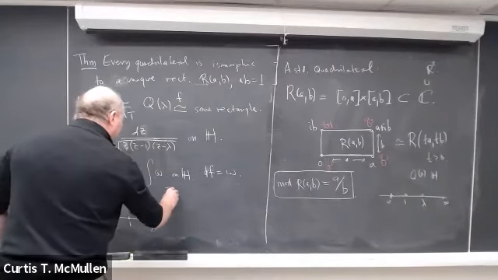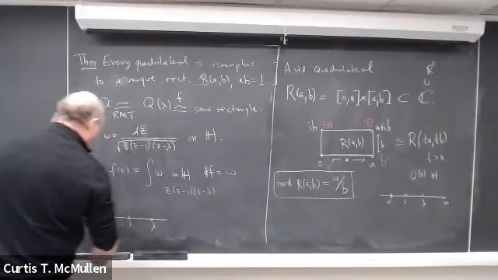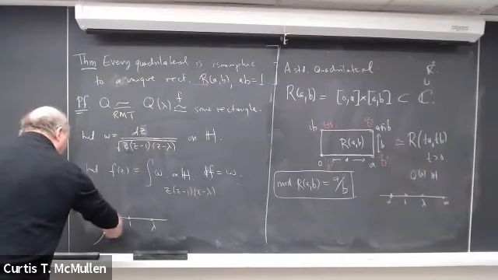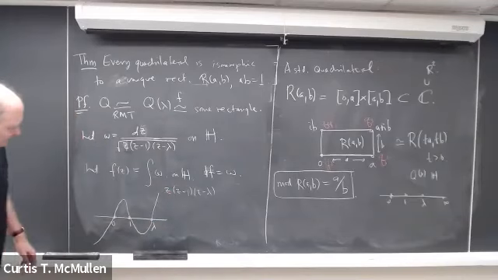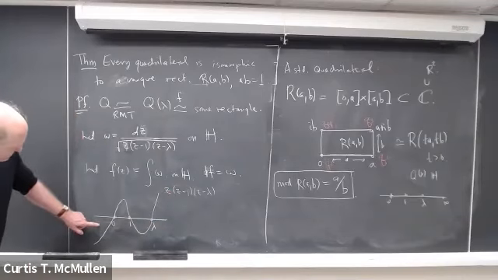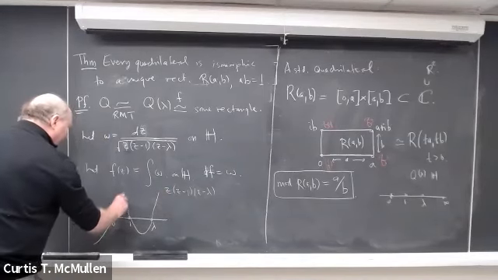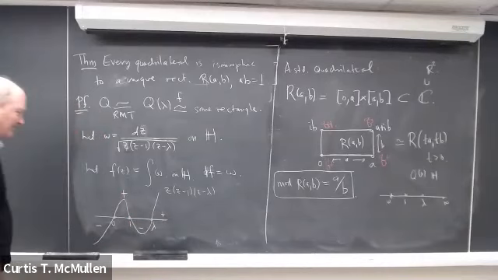So this function, z times z minus 1 times z minus lambda, looks like this. It's grosso modo like z cubed. So it comes up like this, then it goes down like this, and then it goes up again. So you can see that on this region, from my infinity to 0, it's negative, then it's positive, then it's negative, and then it's positive.